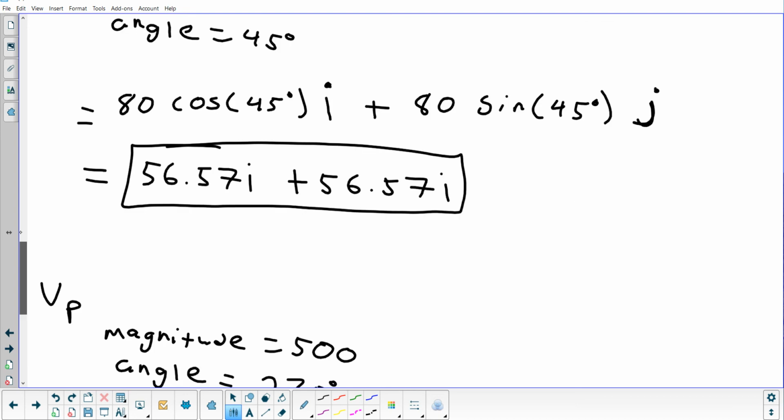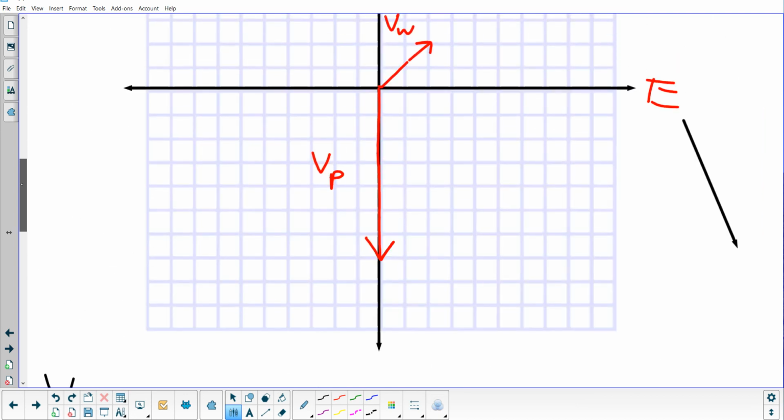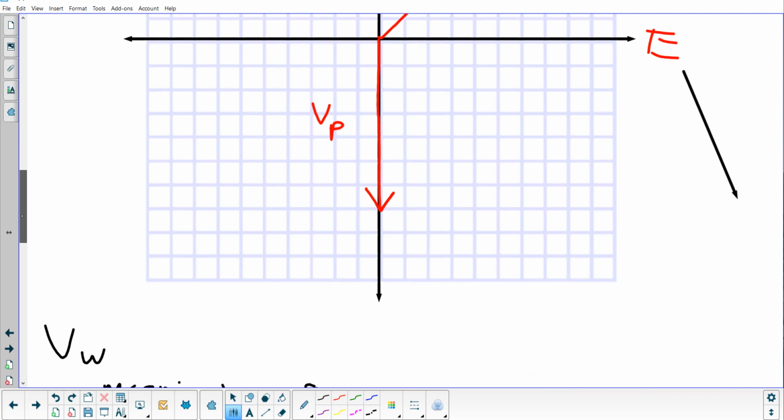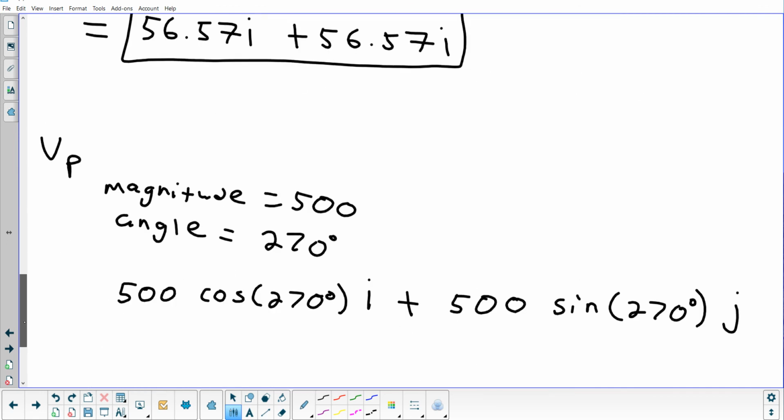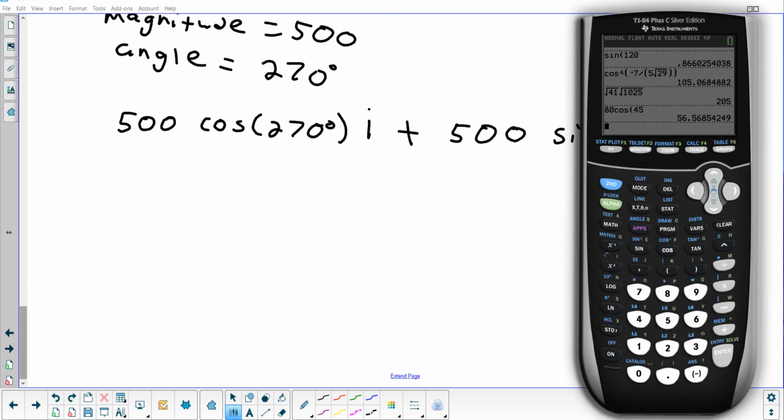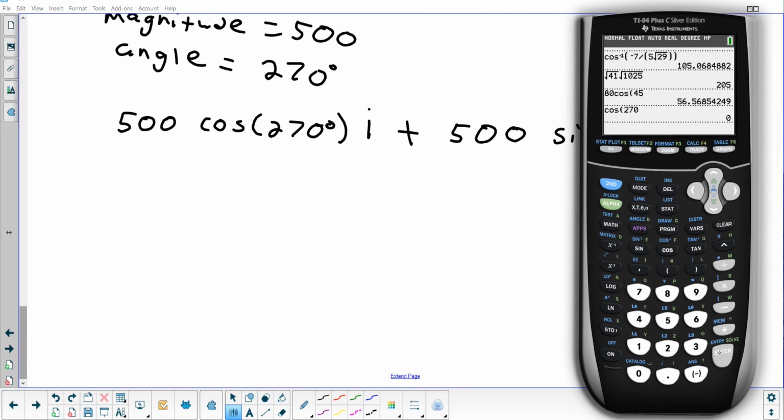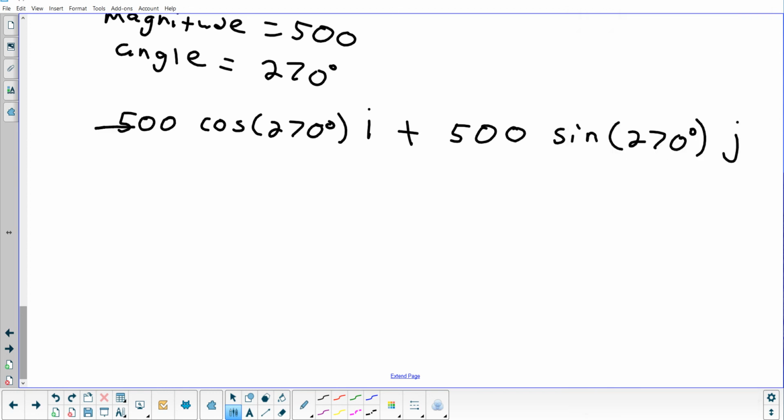Now, is the plane just the red vector? Is the red vector pointing left or right at all? No, then it shouldn't have a horizontal component to it. And when you do the cosine of 270, you get 0, which makes sense because the red vector is perfectly vertical. So this component disappears.